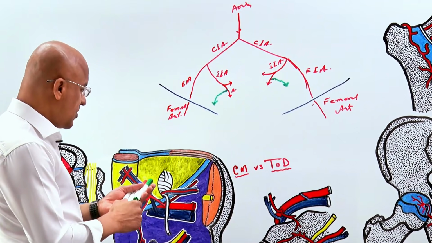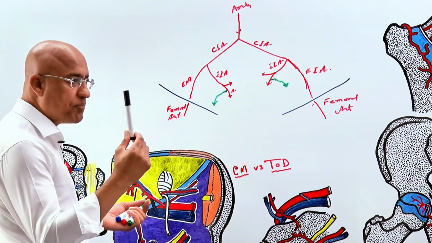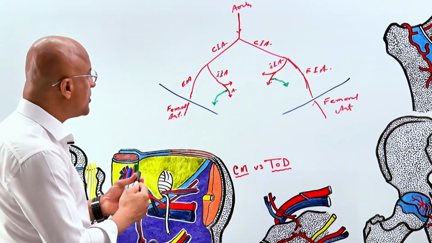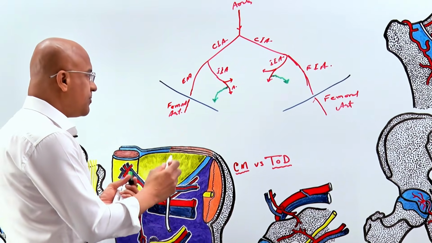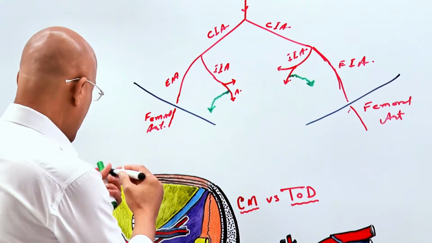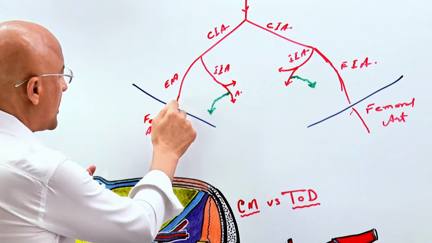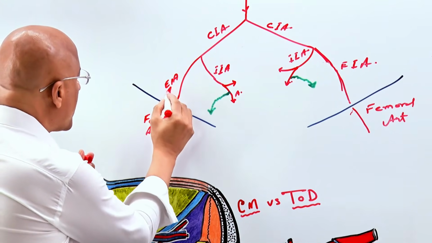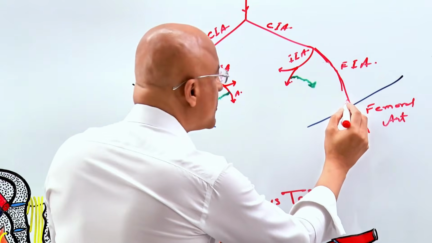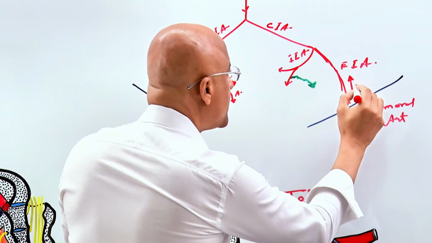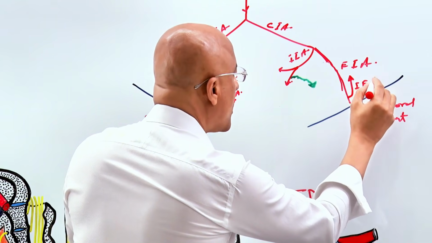And what is the variant? Basically, I will make the artery black because that is going to be dangerous. This artery might take origin from the external iliac. The external iliac gives a branch which goes upward, and this branch is called the inferior epigastric artery.